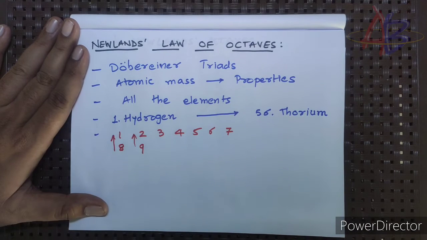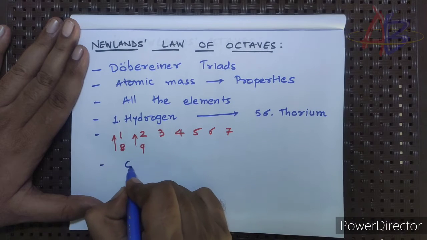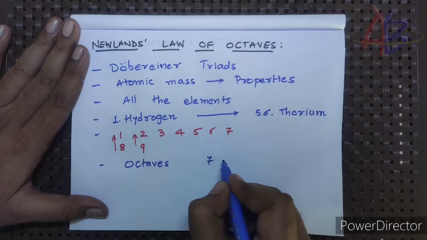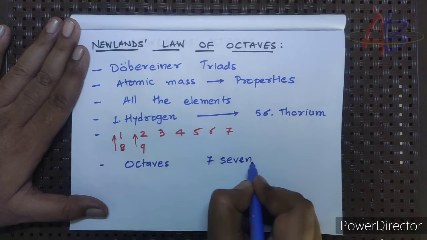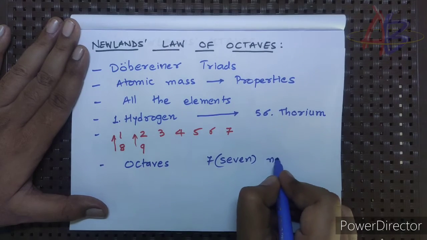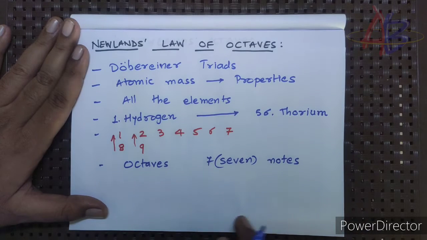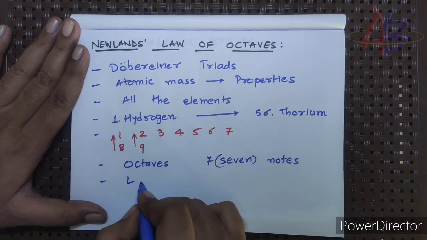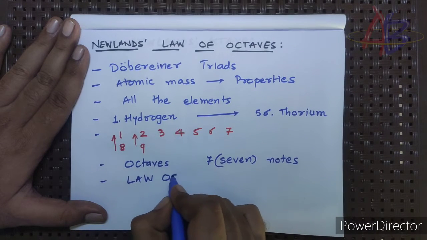Basically, he compared this to musical notes known as octaves. In octaves, there are 7 notes, and the 8th note would be just the repetition of the first note. So therefore, this is also known as the law of octaves.